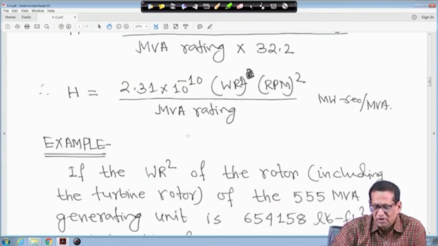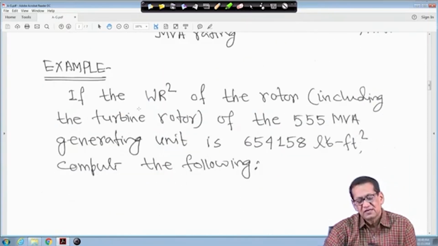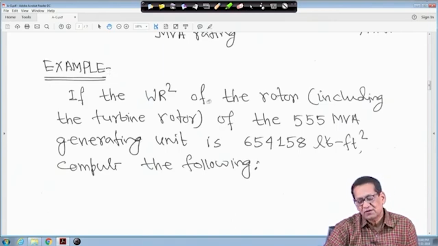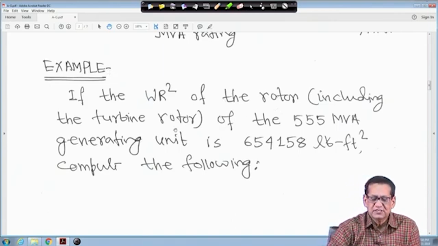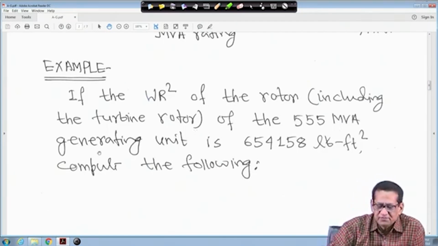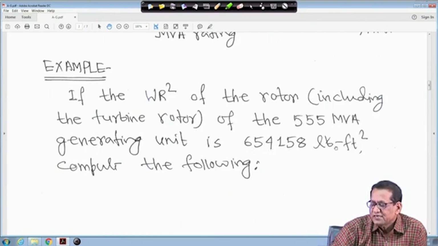So, take one small example. If the W r square of the rotor including the turbine rotor of the 555 MVA generating unit is 654,158 pound feet square, compute the following.